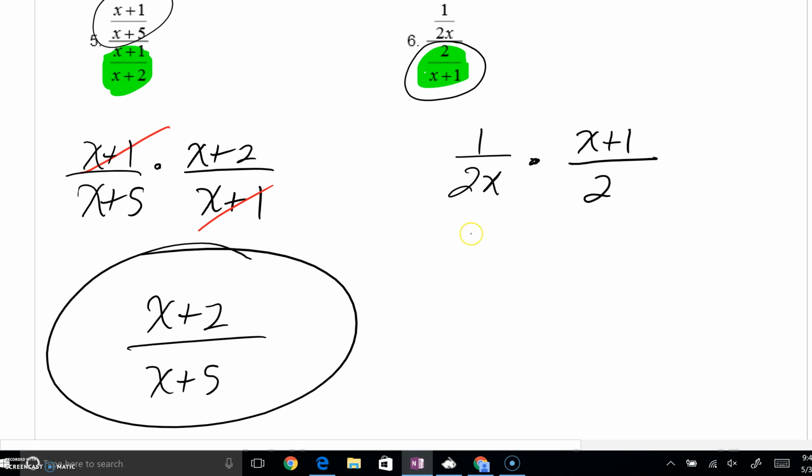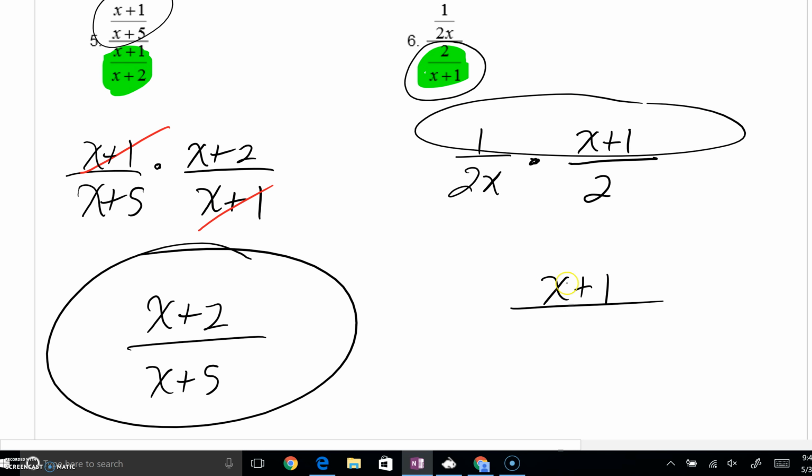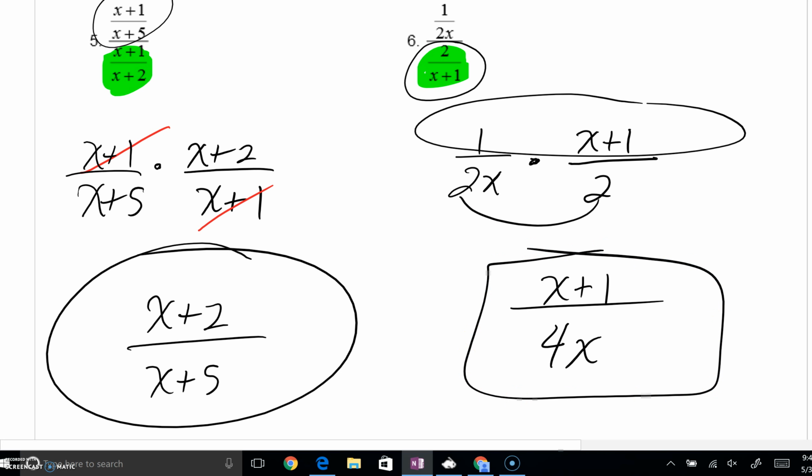No, for the 2's to cancel out, one would have to be up on top, one would have to be down below. Up on top, we just have 1 times x plus 1. Down below, a 2 times a 2 is a 4. So watch out. There will be some problems, most definitely, where you don't really simplify and cancel things out. You might just have to multiply things out.